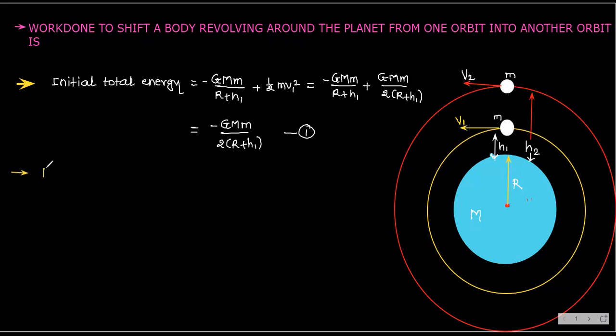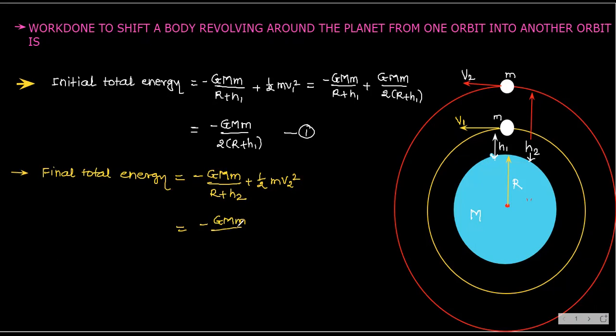See, the final total energy is equal to again minus GMm divided by (R plus h2) now, because the height is h2, you can see here, plus again half m v2 squared. Again v2 is equal to root of GM by (R plus h2); you substitute, and again you will get minus GMm by 2 into (R plus h2). Call this equation number 2.